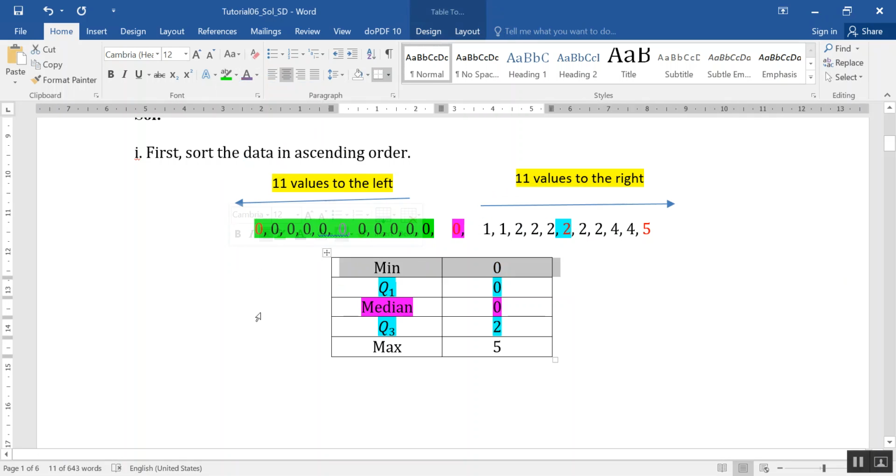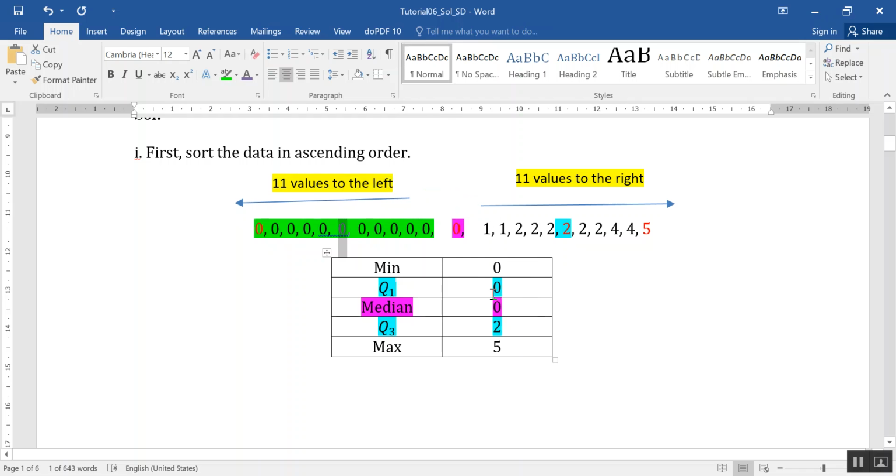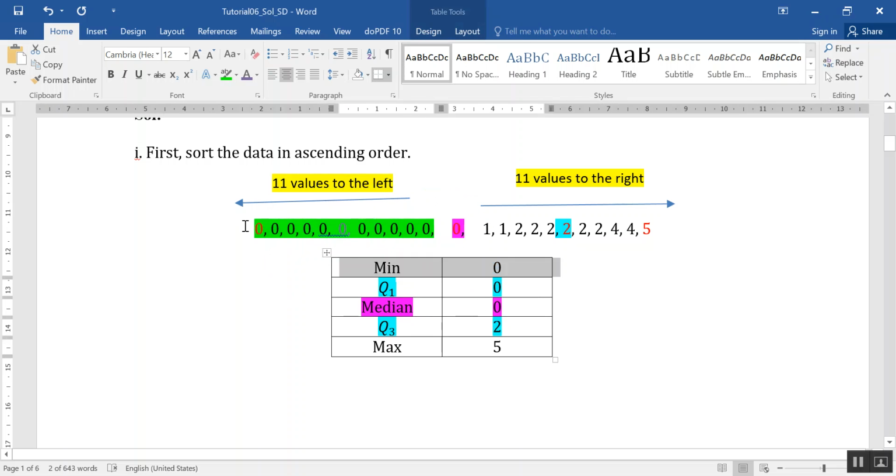So what is the median of this set of values? How many are there? 1, 2, 3, 4, 5, 6, 7, 8, 9, 10, 11. So the median is the fifth value, which is 0. That is why Q1 here is 0. That's the easiest way: once you find the median, take the bottom values and find the median of that bottom set, and that median will be your Q1.